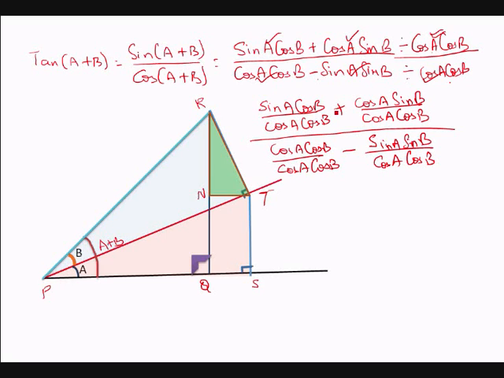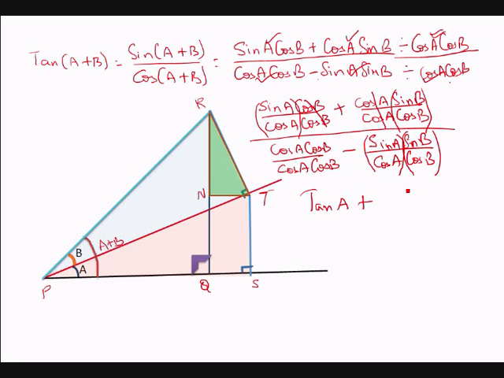Now we can see that there are some terms which are getting cancelled here. Cos B, cos A, cos A, and this is 1. And we can see this is sin A over cos A times sin B over cos B. So we are left with sin A over cos A here and sin B over cos B here. Therefore this is sin A over cos A, which is tan A. There is a plus here.